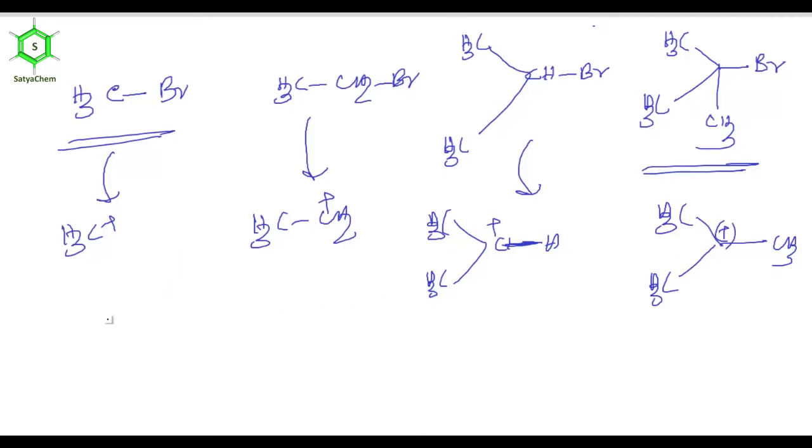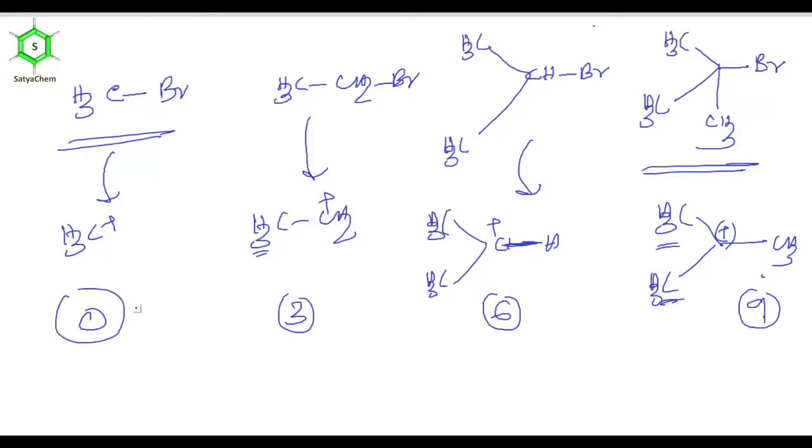The stability of carbocation increases due to the plus I effect of 3 methyl groups, 2 methyl groups, 1 methyl group, 0 methyl groups, and hyperconjugation. Here the number of hyperconjugative hydrogens is 9, here 6, here 3, and in this case 0.